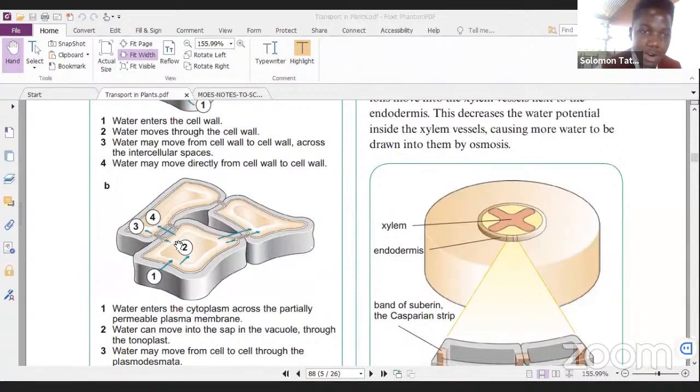So the membrane that surrounds this vacuole, we call it the tonoplast. It's like the membrane of the vacuole. I'm trying to highlight it here. That is the tonoplast right there, okay? So now the question is, is it involved in the vacuolar pathway?